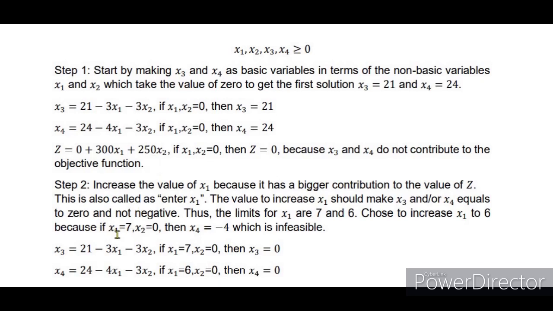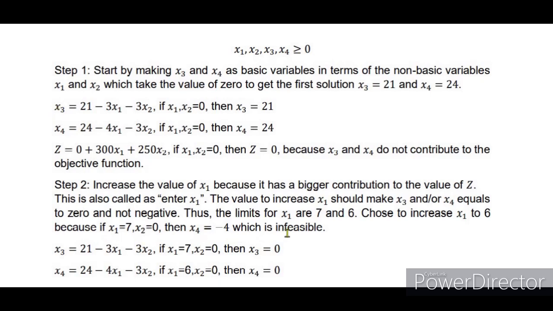That action is called entering x sub 1. The value to increase x sub 1 should make x sub 3 and/or x sub 4 equal to 0 and not negative. So remember that.